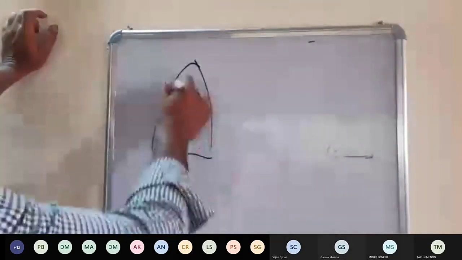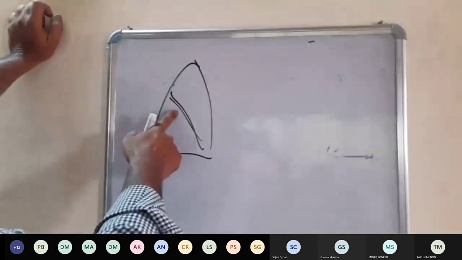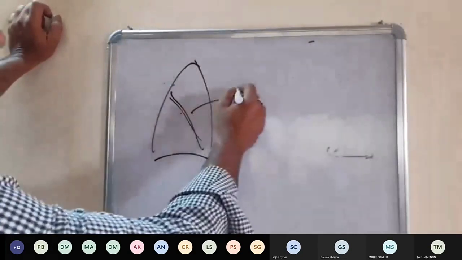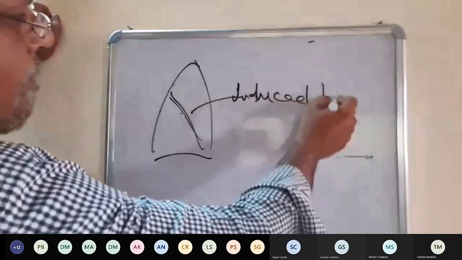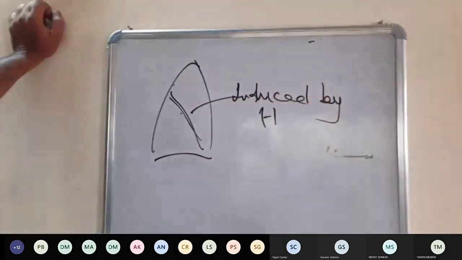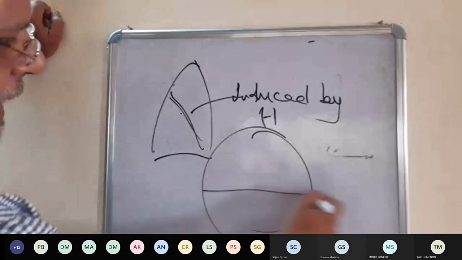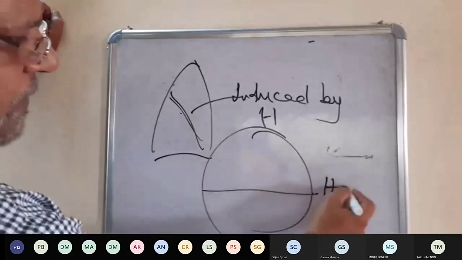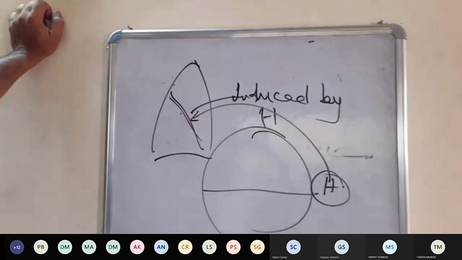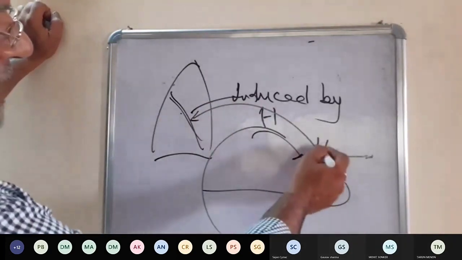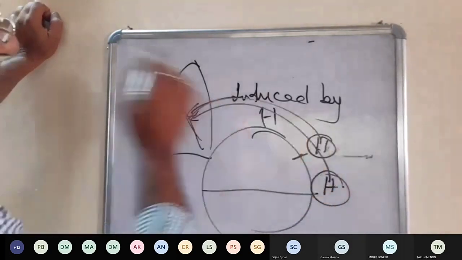Although at a 45 degree angle, these are horizontal rods and induced by H. So when we go at the equator, H is maximum. When H is maximum, the induction will be maximum. When we go up, H is less, induction will be less.